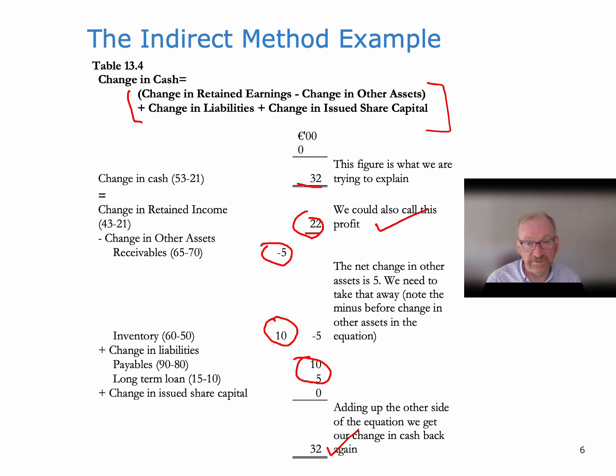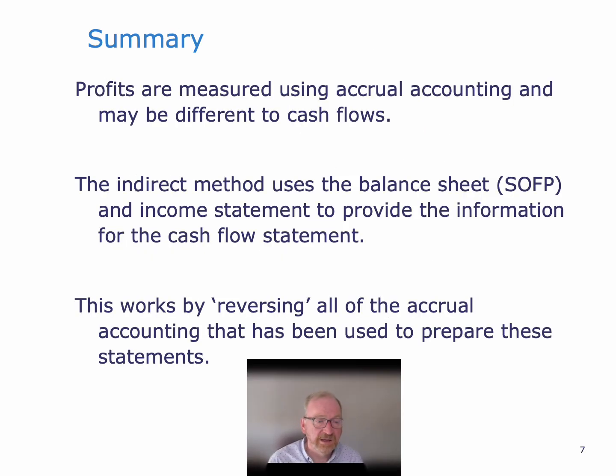And you'll see when we get on to the real ones, that they basically use the same structure as we use here. So to summarize, profits are measured using accrual accounting, and this may be different to cash flows, but investors still need information about cash flows, so we have to provide them with the cash flow statement.